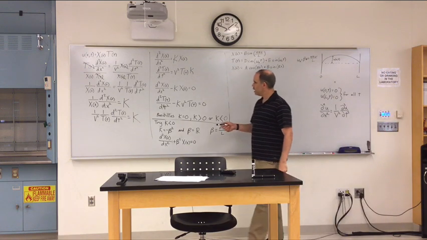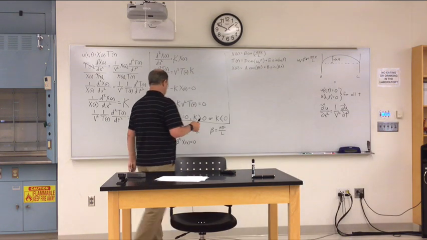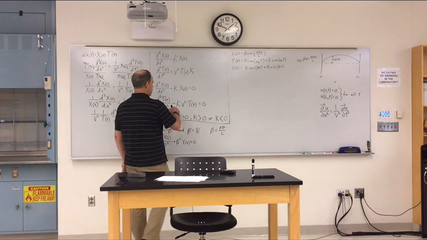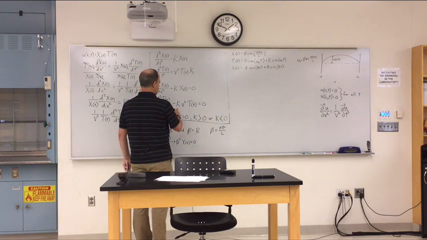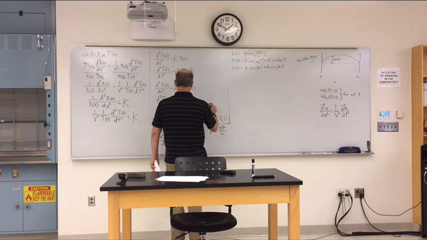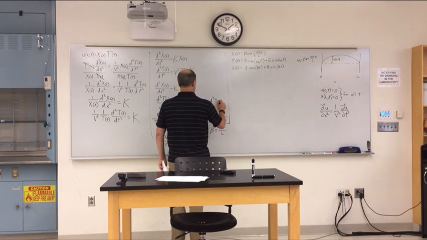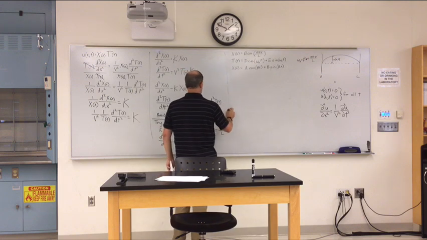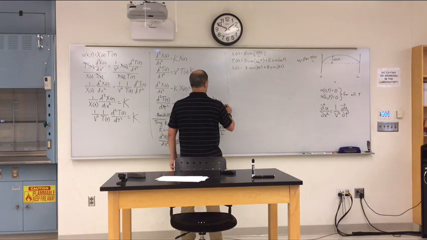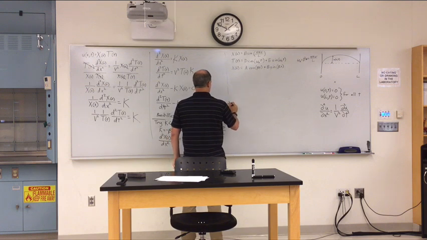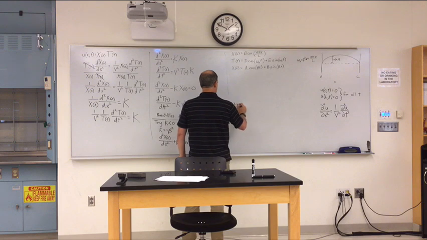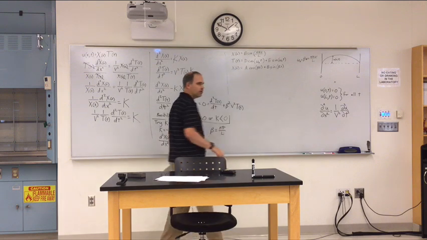We could take this equation here and rewrite it as d squared T over dt squared plus beta squared v squared T of t.